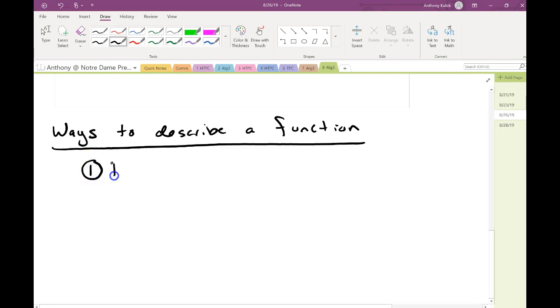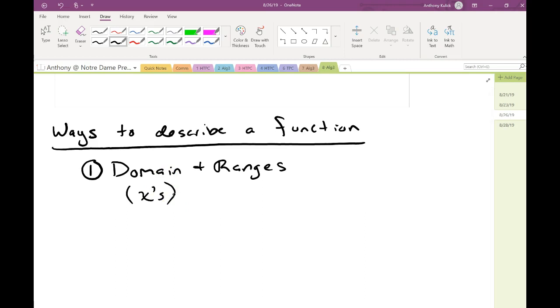The first attribute that we're going to talk about, well, it's really attributes, there's two of them, is domain and range. So when we say domain, I'm really talking about the x's that are used in that function or relation, and the range is about the y's.